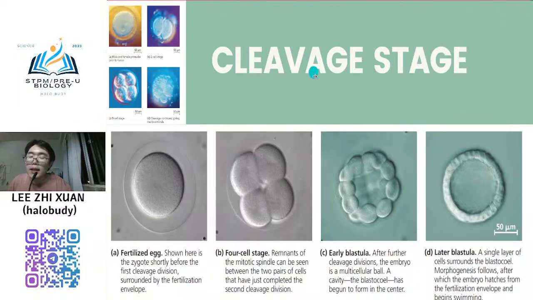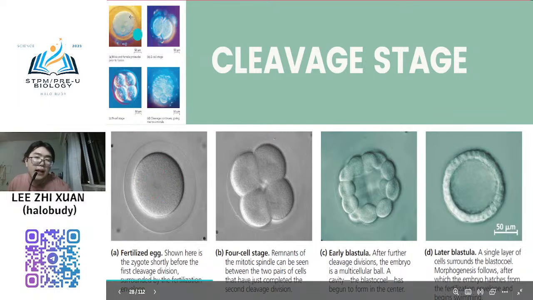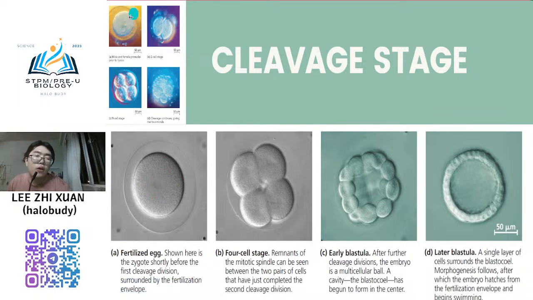Normally, implantation includes the cleavage stage. When the egg is fertilized, under the microscope you will see it like this or like this. After that, it will undergo the cleavage stage. The fertilized egg starts to divide into many cells.